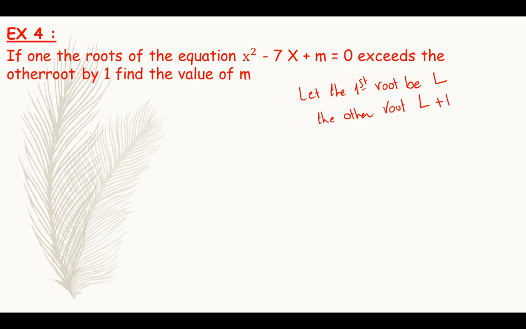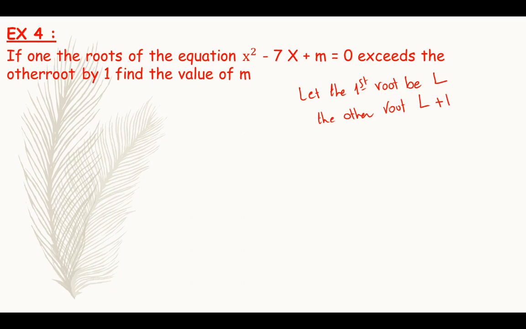Exceeds the first root by 1 means it is more than the first root by 1. The first root is L, so the second root will be L plus 1. Okay? How can we find the value of m?